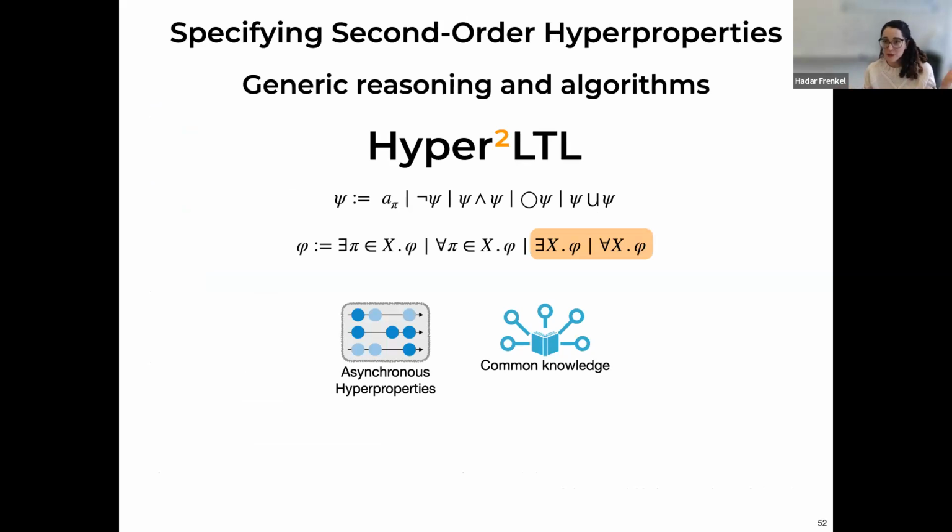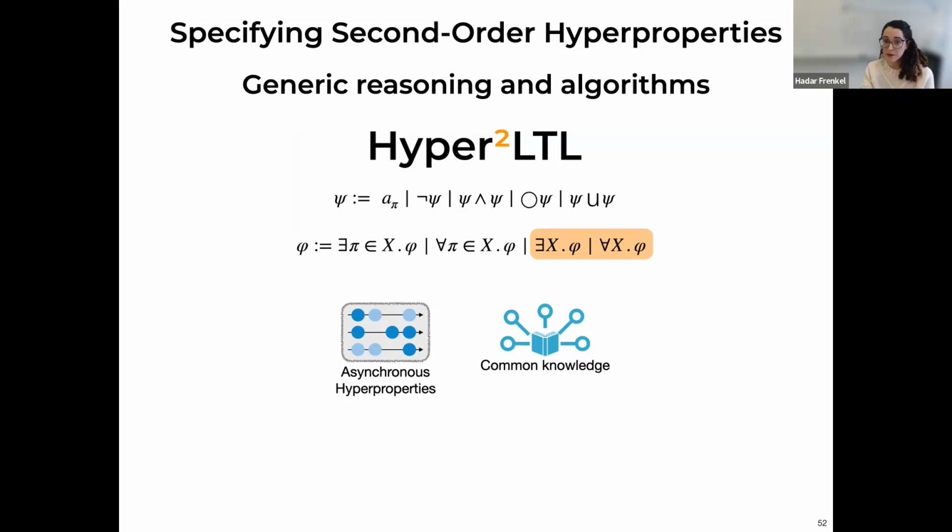When you think of asynchronous behaviors alone, or of common knowledge alone, you don't immediately see the connections between these properties. Once we started playing with them and showing that they are expressible in HyperQPTL, we also found very similar behaviors of these properties that allow us to provide verification algorithms based on these similar behaviors. This is what I'm going to show now.